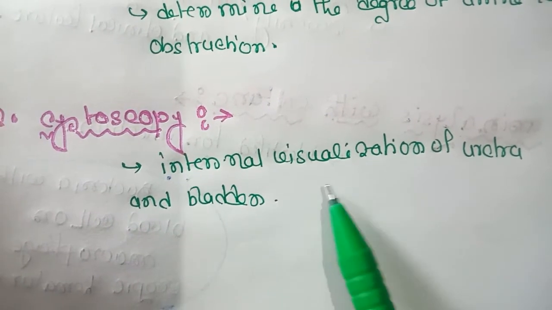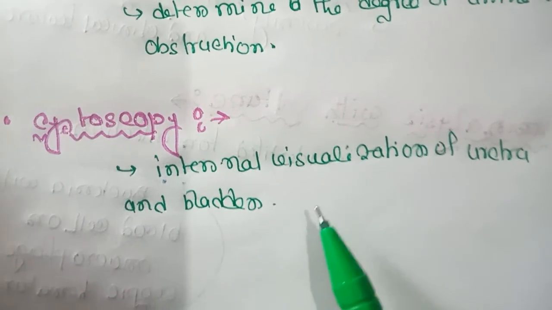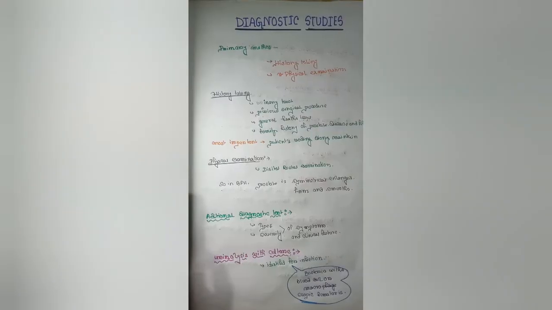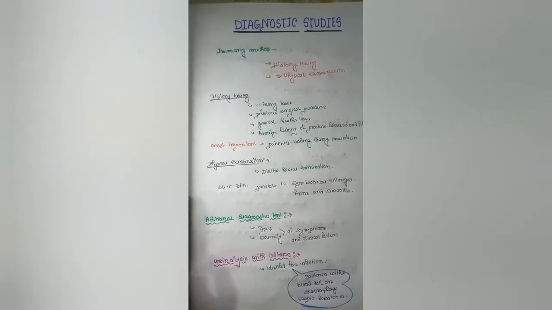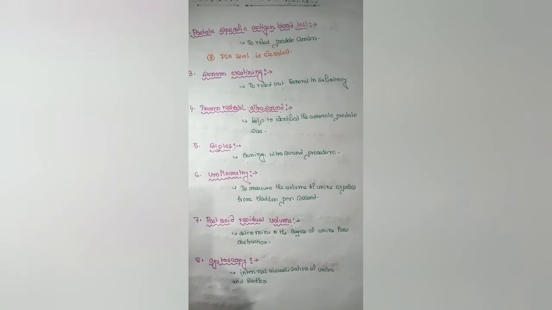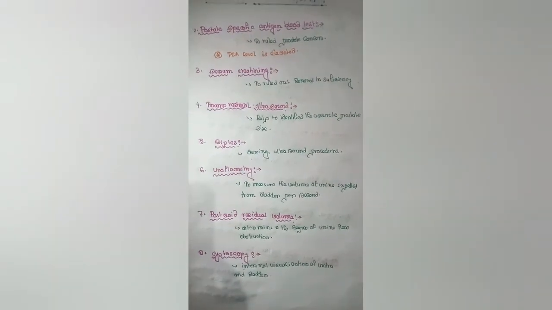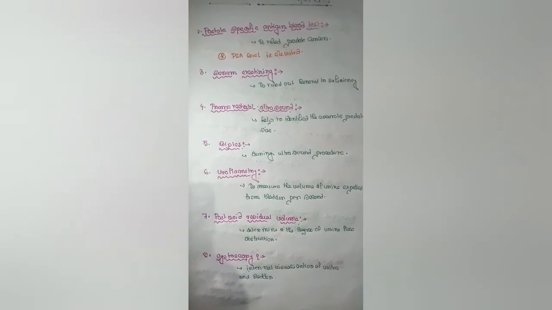It is performed if the diagnosis is uncertain and in patients scheduled for prostatectomy. These are the diagnostic studies for benign prostatic hyperplasia, for determining BPH, so the patient can also start early treatment.